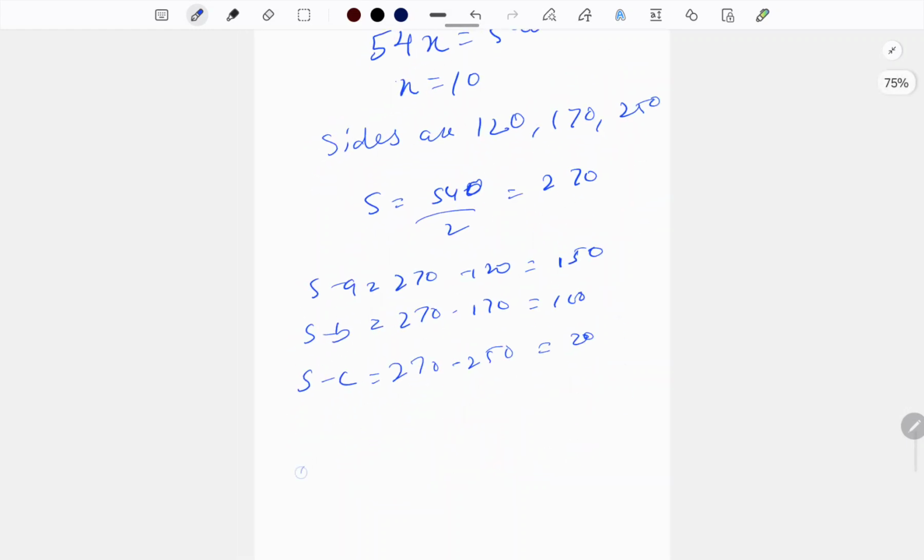Okay. Now area will be under root 270 into 150 into 100 into 20, right?